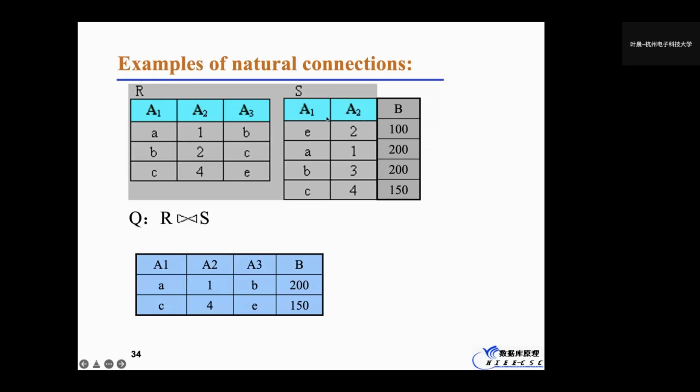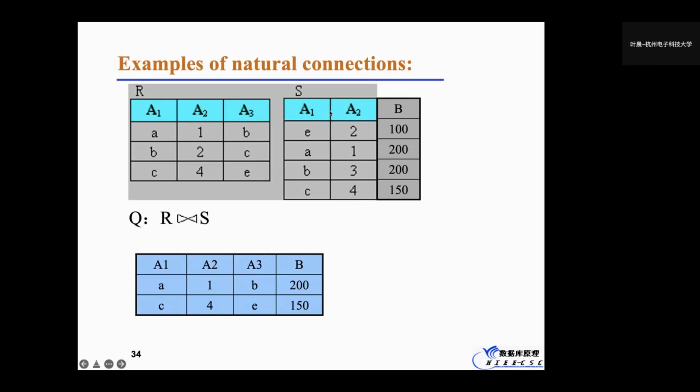If you want to make the natural join between R and S, the result should be like this. Here we can see the attributes A1 and A2 from these two tables. The natural join can recognize that they are the same attributes, so in the result it will merge these two attributes.